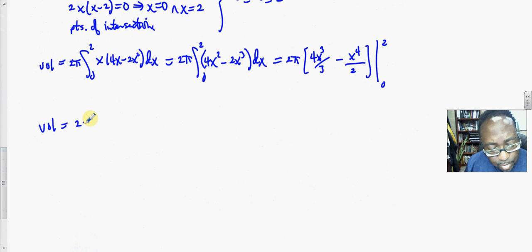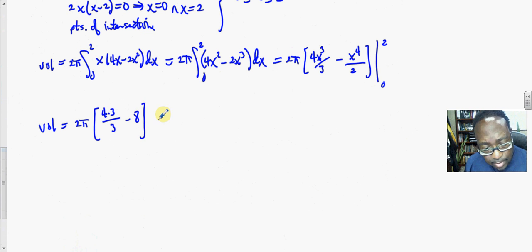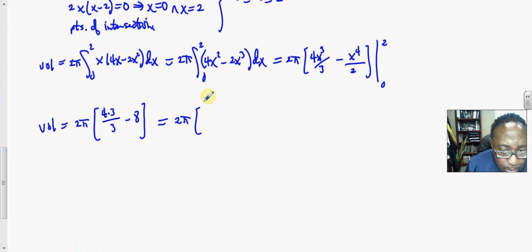So the volume is 2 pi times 4 times 2 to the third over 3 minus 16 divided by 2, it's just 8. 2 raised to the third is 8.